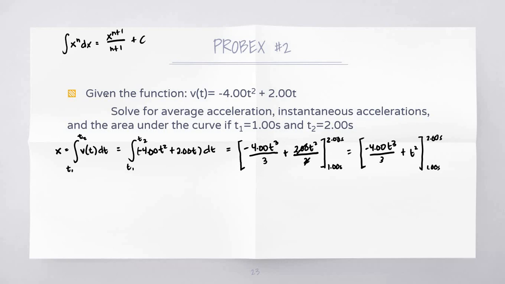The rule here now is upper limit first. We substitute the upper limit into the bracket minus the lower limit.